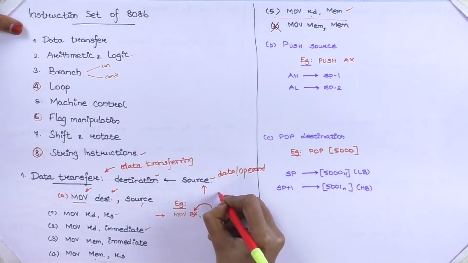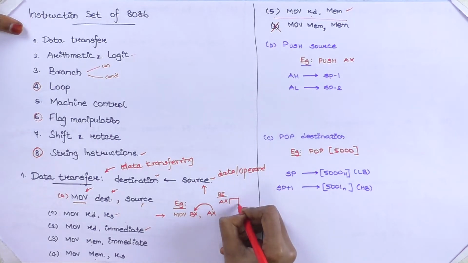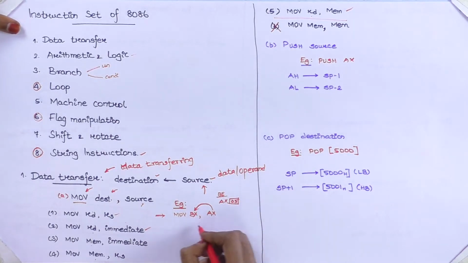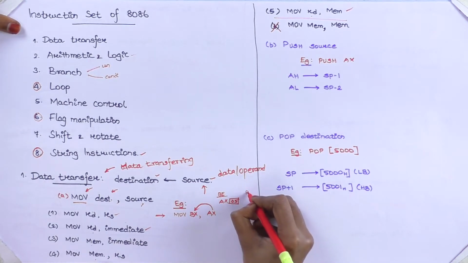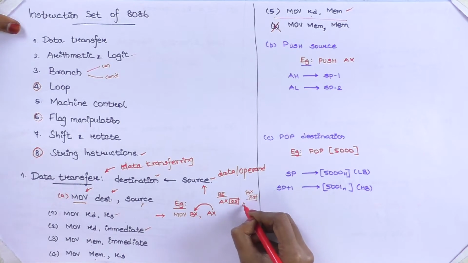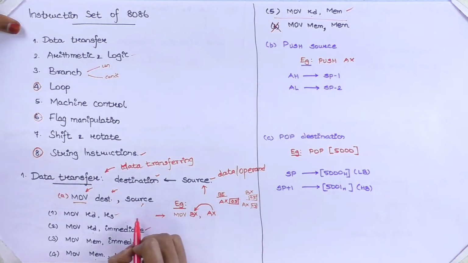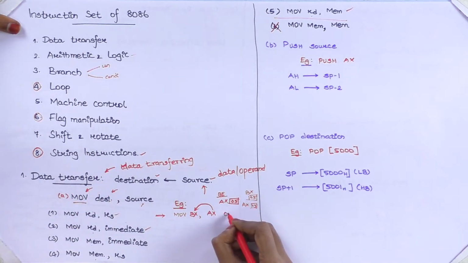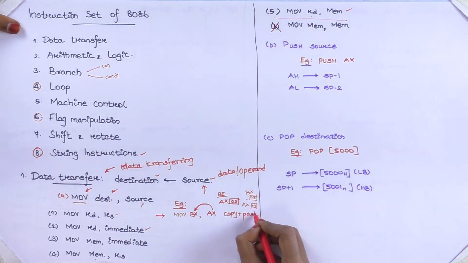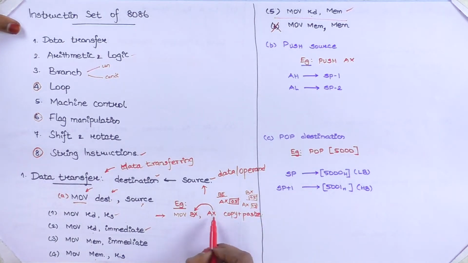For example, before execution, if AX is having the value of 05, after the execution of this instruction, BX will have the value of 05 and AX will also have the value of 05. Why? When you use data transfer instruction, the value is just copied and pasted. It is not cut and paste, it just copies the value from source to destination.